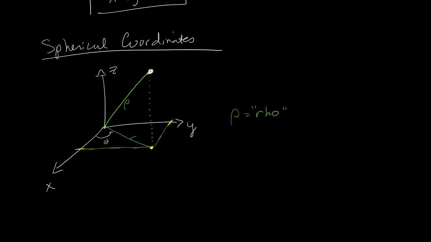We've got another angle. This angle from the positive z-axis is phi, P-H-I. It is also appropriate to call that phi, or phi. I will typically refer to it as phi.